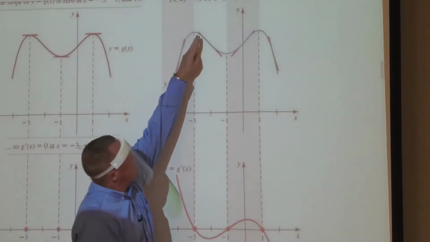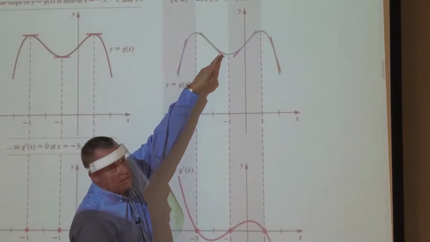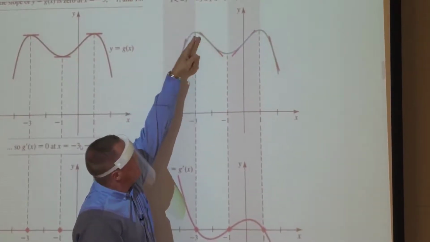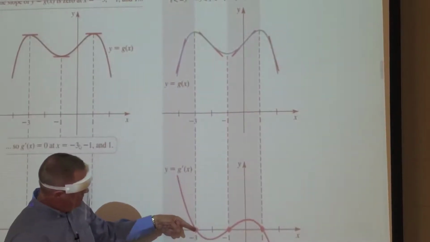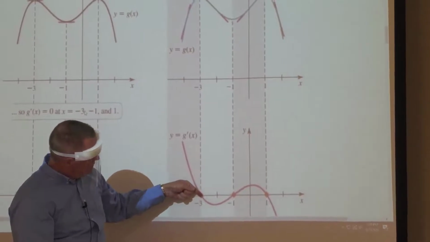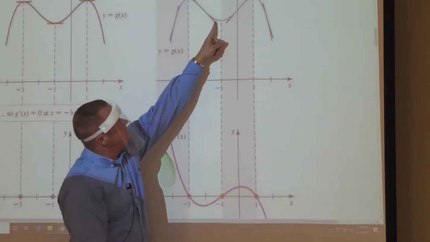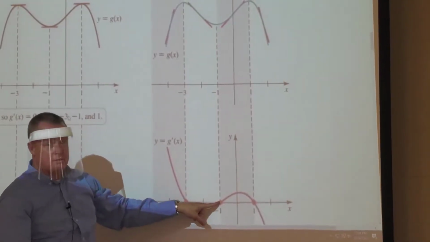And then when we go from negative 3 to negative 1, what's true about the slope there? Positive or negative? Negative. It's negative until we get down to here. So down here, what's happening? It's negative, y is below the axis, and it gets lower, and then as it gets closer to this 0 here, it starts getting higher, right?